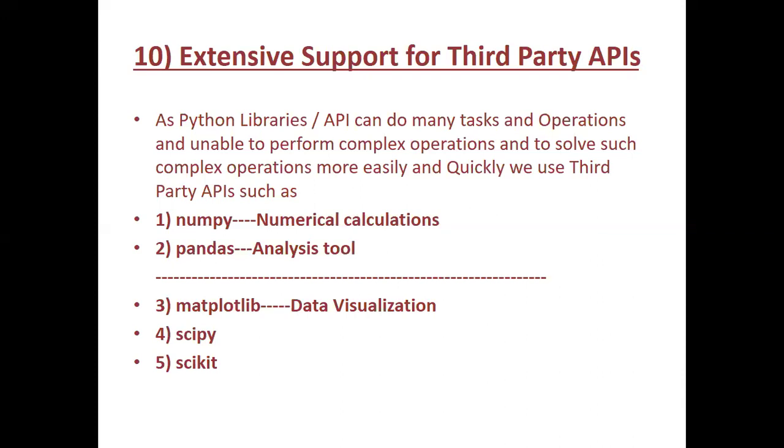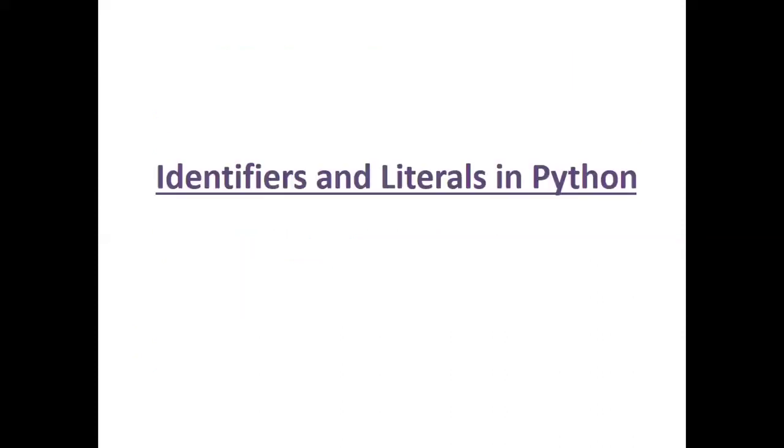In order to solve such complex operations more easily and quickly, it uses third-party APIs like NumPy, which is used for complex numerical calculations, Pandas, which is a data analysis tool, Matplotlib, for data visualization, and SciPy and Scikit also.